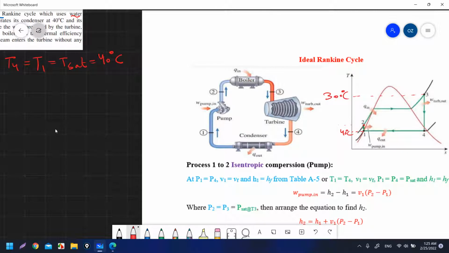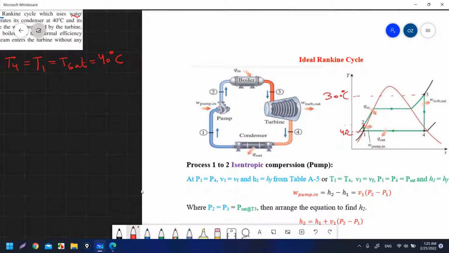The second thing is that he will never give you T2. I don't know the reason, but I think you cannot find the enthalpy at state 2 because you will not have numbers at this state 2, because it's subcooled.